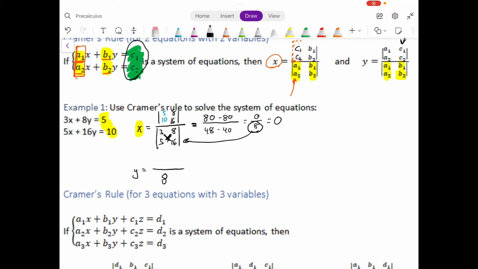The numerator, again, we'll start with the 3, 5, 8, 16, but to find y, we replace the y values with the constants. So we're going to take out that 8, 16 and we're going to put in 5 and 10.